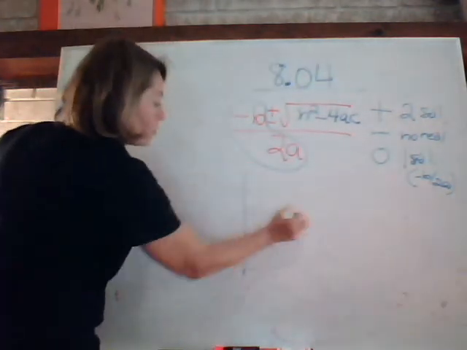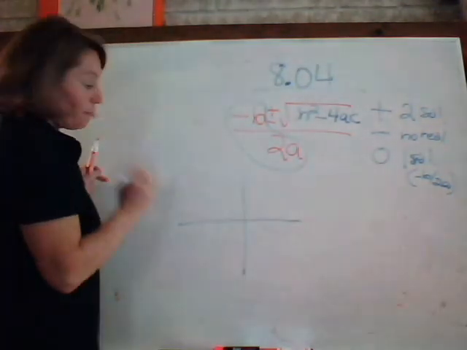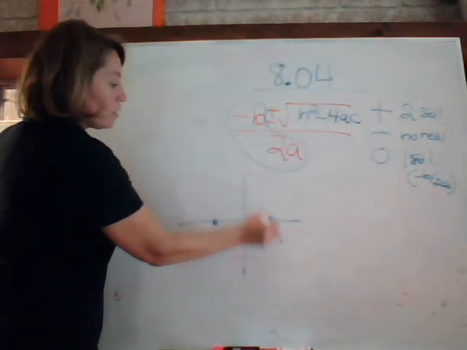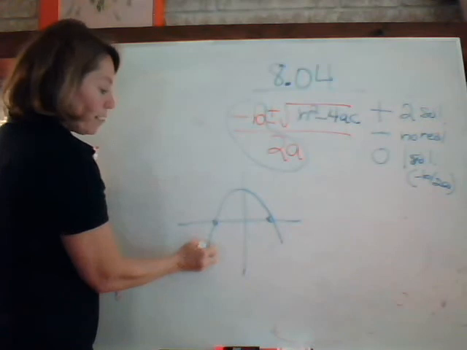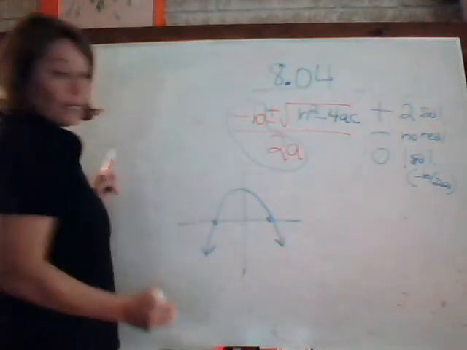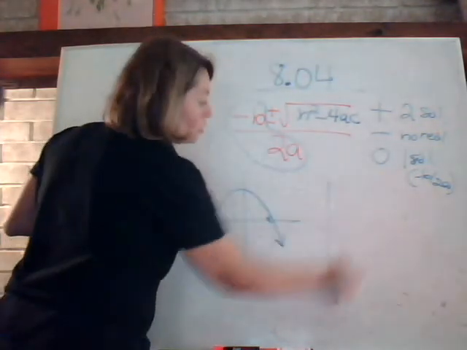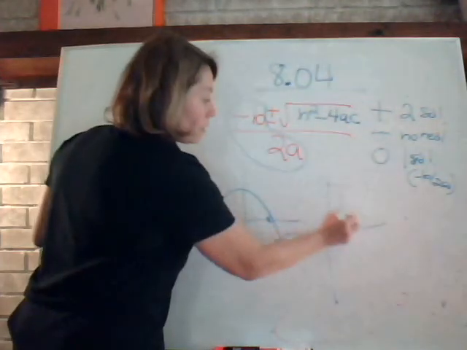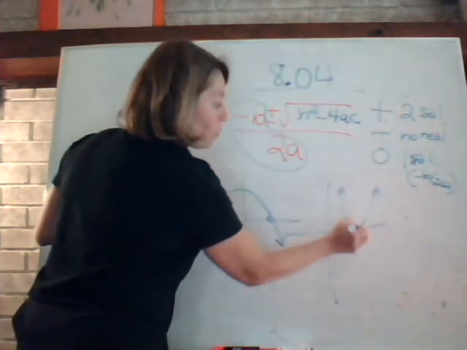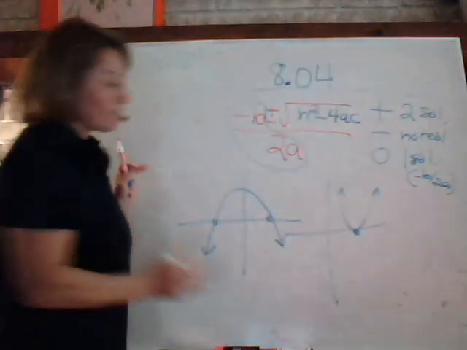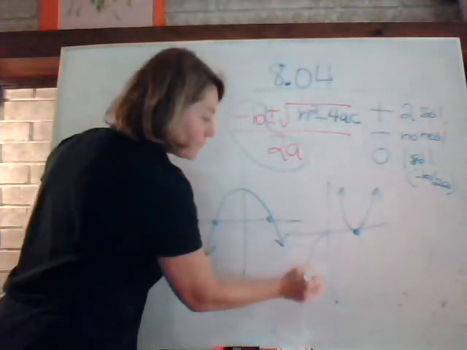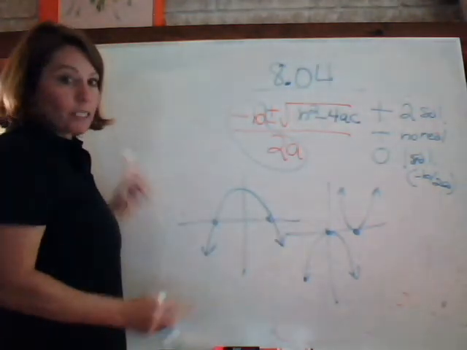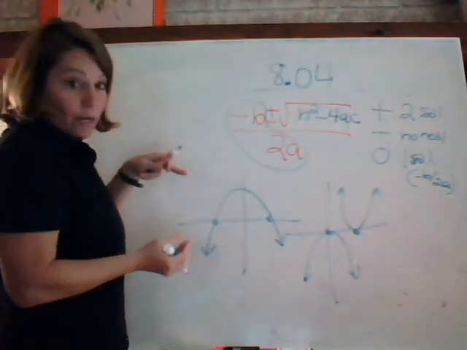If we're looking at it graphically, 2 solutions means that the equation crosses the x-axis twice. If it has 1 solution, that means the vertex touches it, and it's facing up with the vertex touching the x-axis, or possibly facing down, but the vertex is still touching the axis, because it couldn't be above it because it would cross twice.